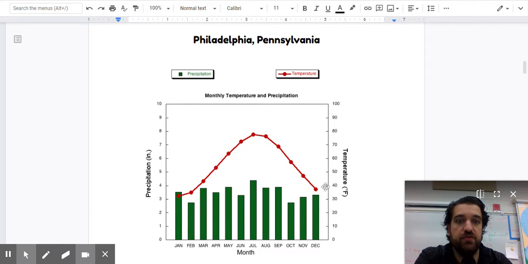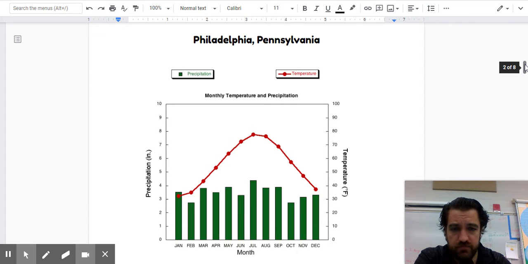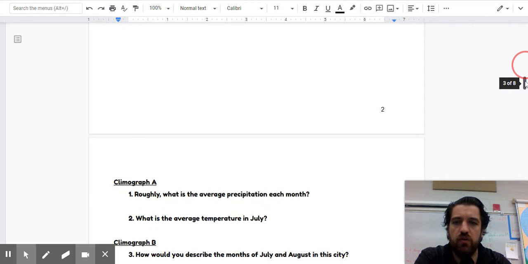And then they were telling me 35. Well, right, but that's because you're looking over here for precipitation, and then you get a number like there was 36 inches of rain that month. Well, does that really make sense? There are some places in the world that might get that much rain, but not too many, and certainly not Philadelphia.